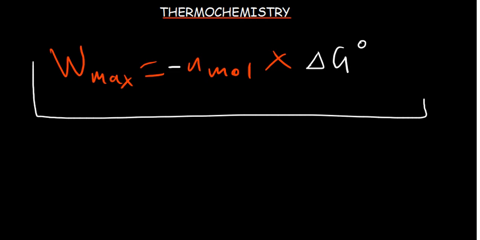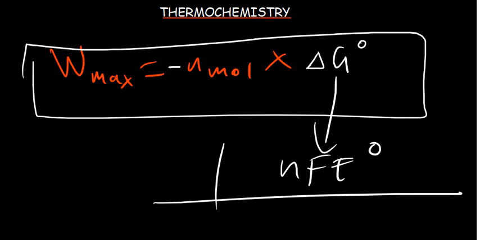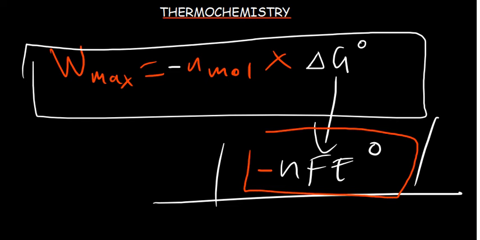This is what we said: n is the number of electrons, and F is Faraday's constant, then the standard cell potential times the number of moles. For nF this is negative, but yes, this is the formula for the Gibbs free energy. So multiply it by the number of moles to give you the maximum work done.